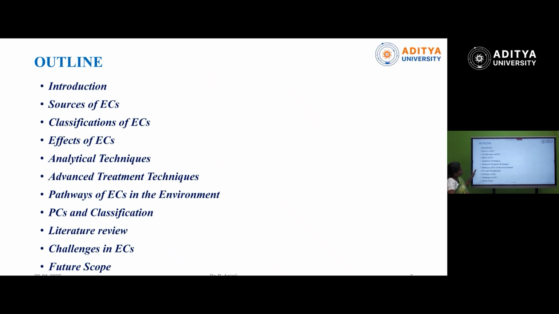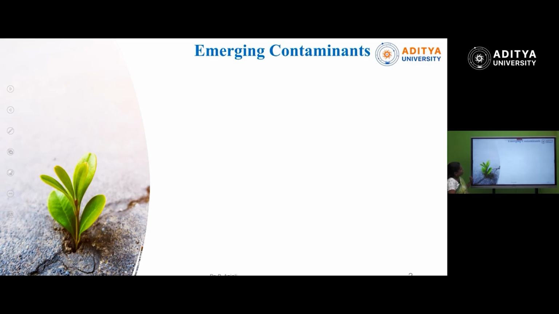Apart from this, I'm going to explain particularly about the pharmaceutical component: its classification, the literature review, the occurrence of these pharmaceutical components in the global as well as Indian scenario, what challenges we are facing with emerging contaminants, and what future scope is available in this area, meaning what further research we can do. So this is the overall presentation. We'll start with the introduction first.